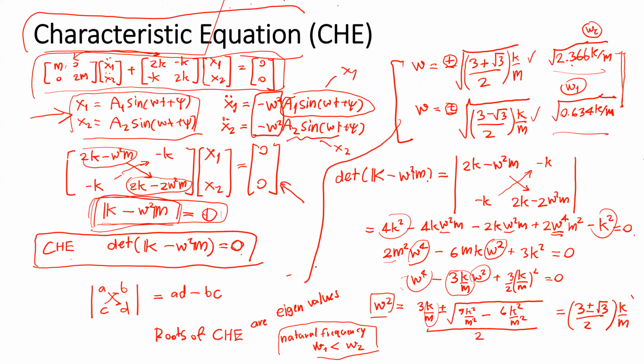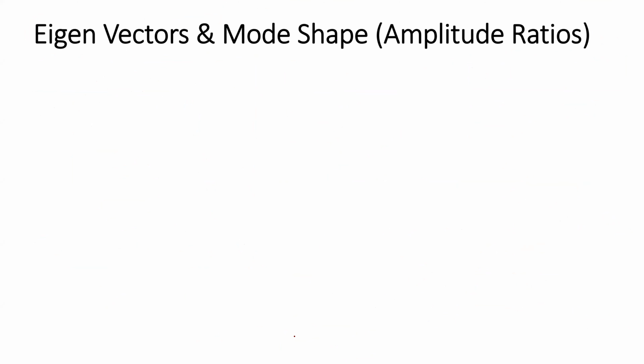We have the eigenvalue here, which is the natural frequency. The next topic is the eigenvector and the mode of the vibration, the amplitude ratio.